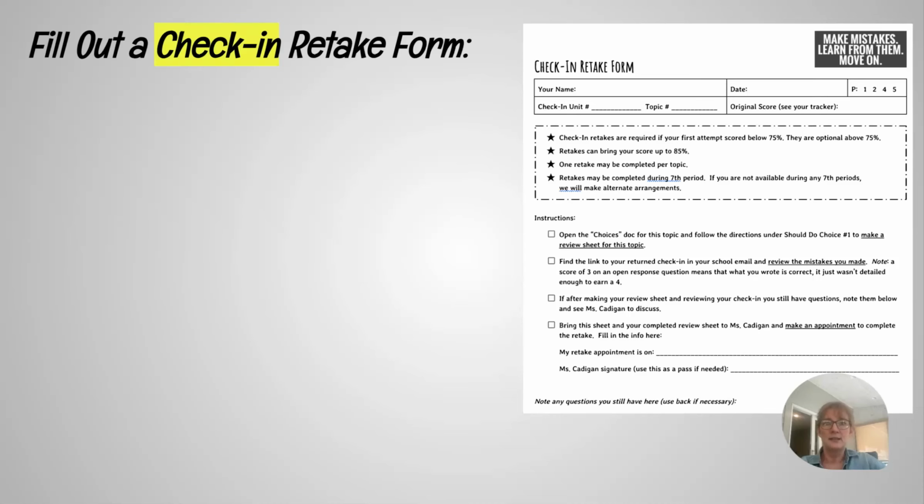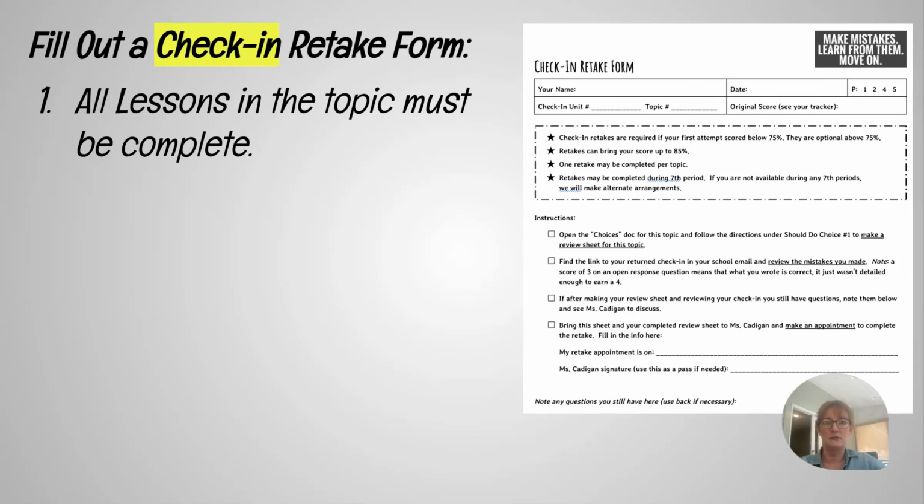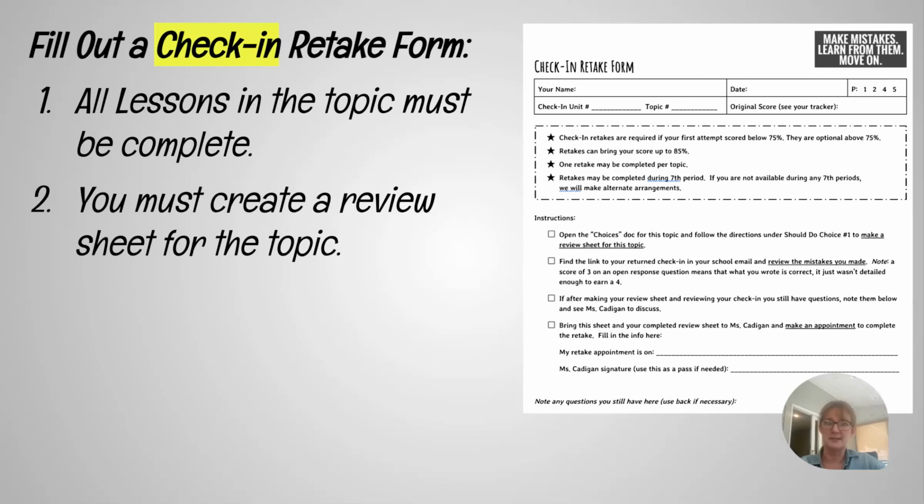So the procedure for taking retakes is all spelled out on this form, and this form is always printed out and available at the front of the room. So you just come and grab it when you need to. And the instructions are all listed here on exactly how to proceed. But the overview is that first thing is that all those lessons must be done. So if you never got those done in time, first step is to complete the lessons.